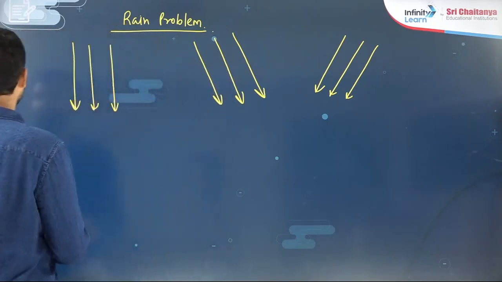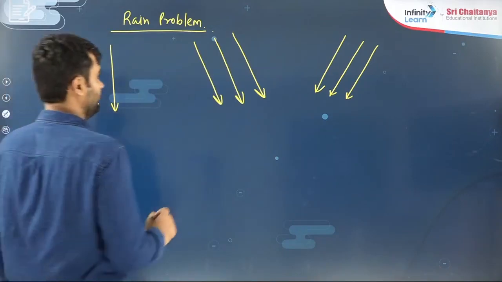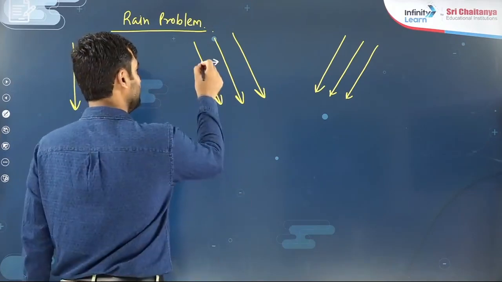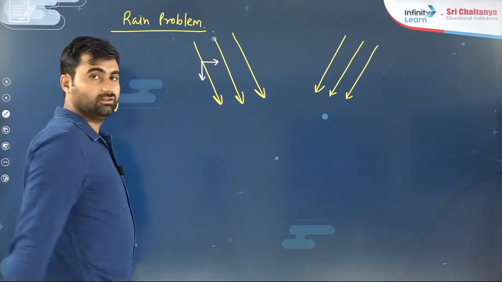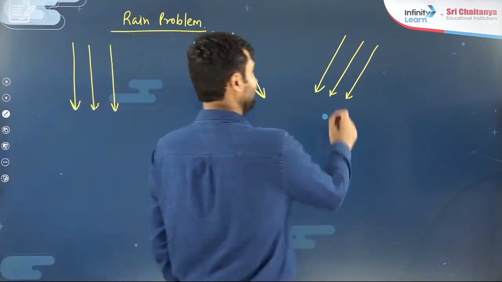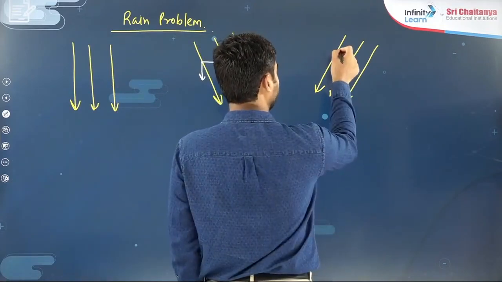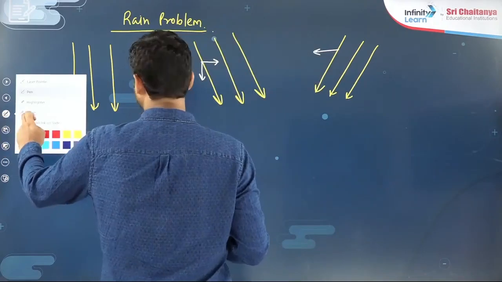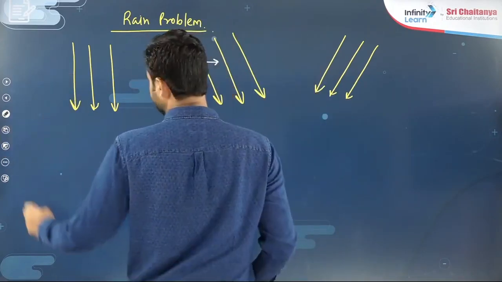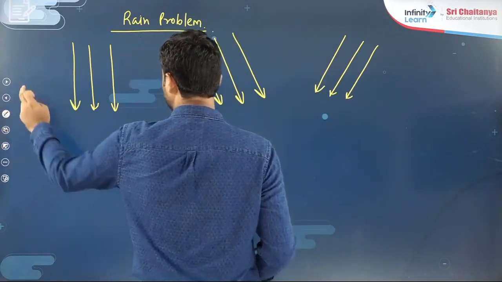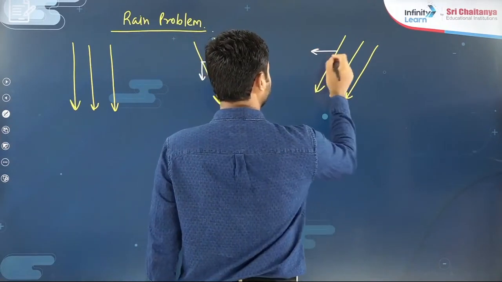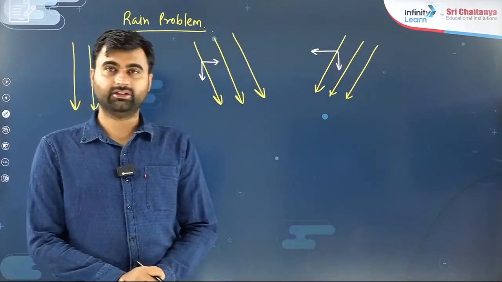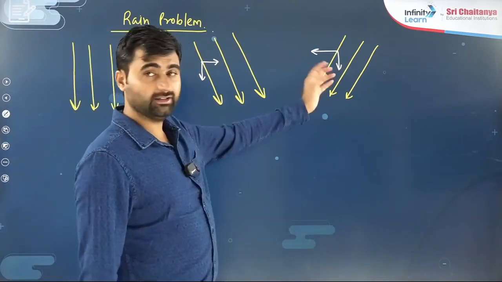If we break this velocity, one component is in the horizontal direction and one component is in the vertically downward direction. Agree or not?